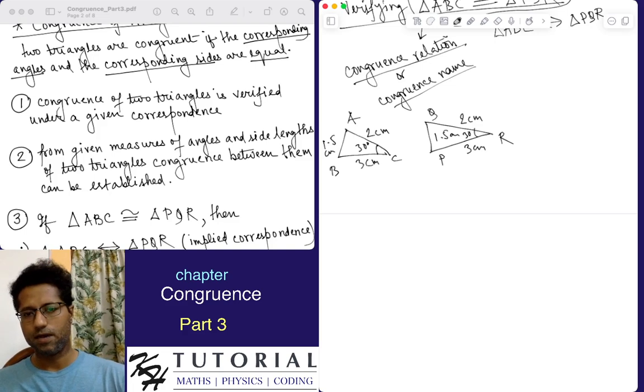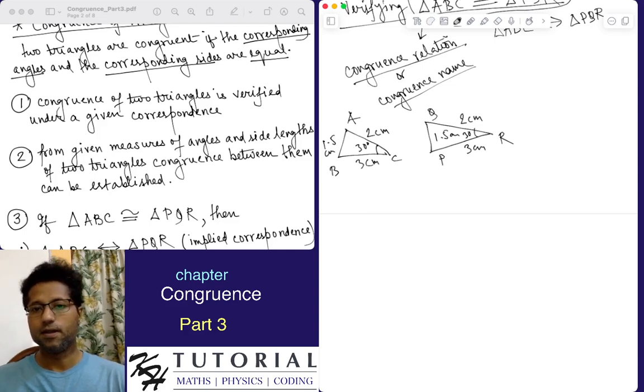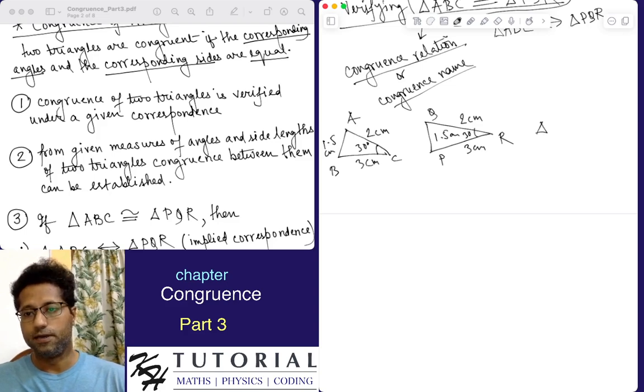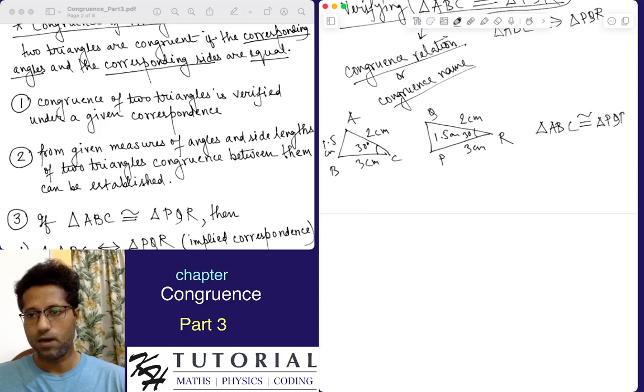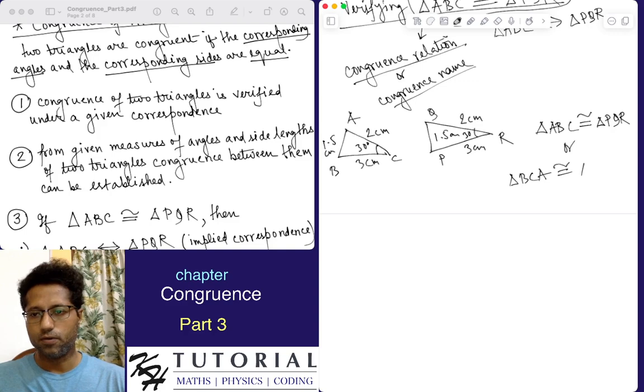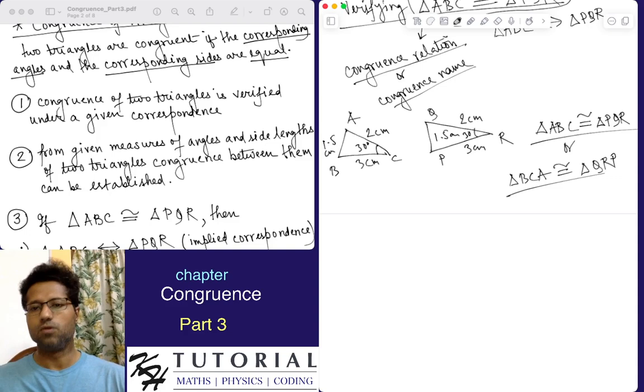And also you will be asked, if they are congruent, what is the congruence relation, or what is the congruence name. Once you have proved that they are congruent, whether it is triangle ABC congruent to triangle PQR, or triangle BCA congruent to triangle QRP, whatever, you have to name this congruence.